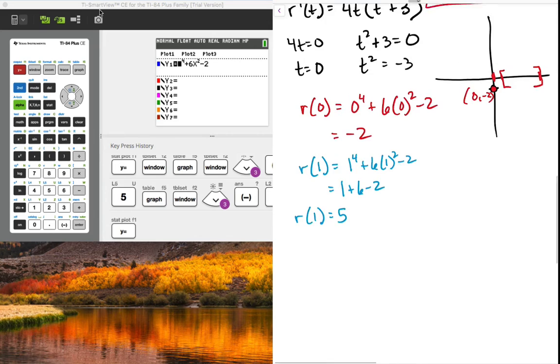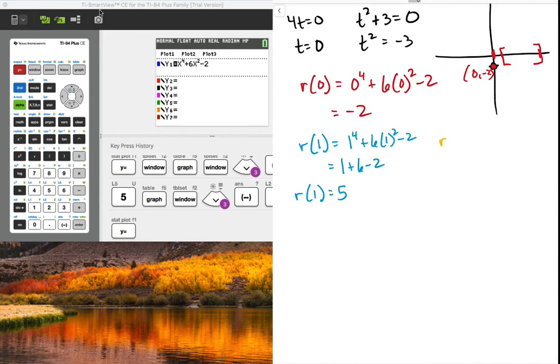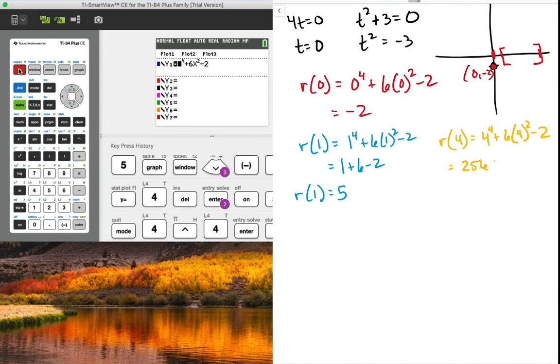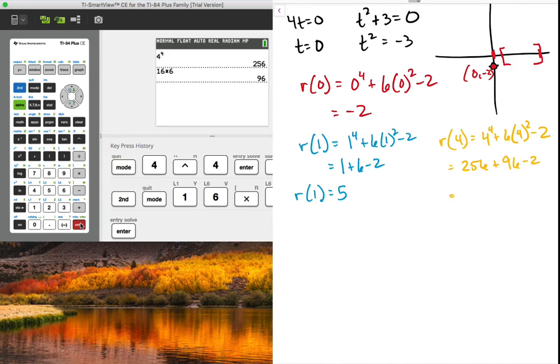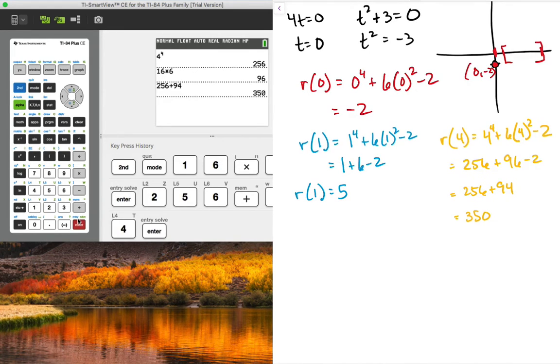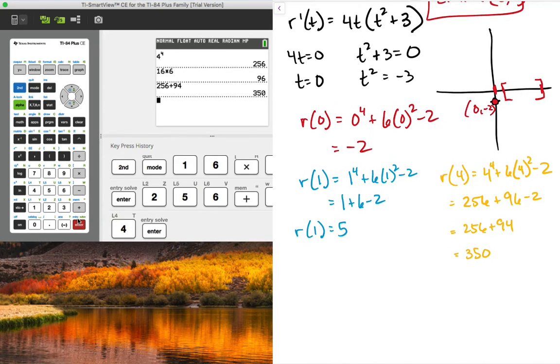And now I want to find my other interval point, which is 4. So I go back to my original equation because that's where I'm going to find what it looks like on my graph. 4 to the fourth power is 256, plus 4 squared, that's 16 times 6, that's 96, minus 2, so that's 256 plus 94, that's going to be 350, that's pretty high.